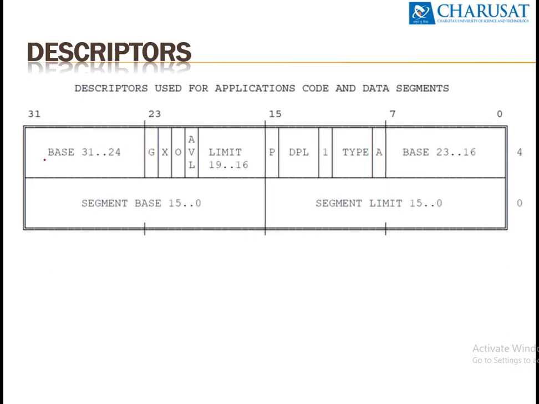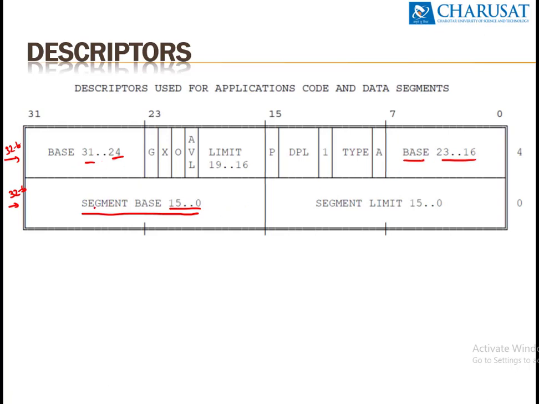This is 2 rows, each of 32 bits. This is 32 bit and this is also 32 bit, so it's a 64-bit descriptor. In the last row we can see the segment base. The bit range is 0 to 15. Segment base bit range from 16 to 23, and next 24 to 31, which means the total 32 bits are divided into 3 fields.